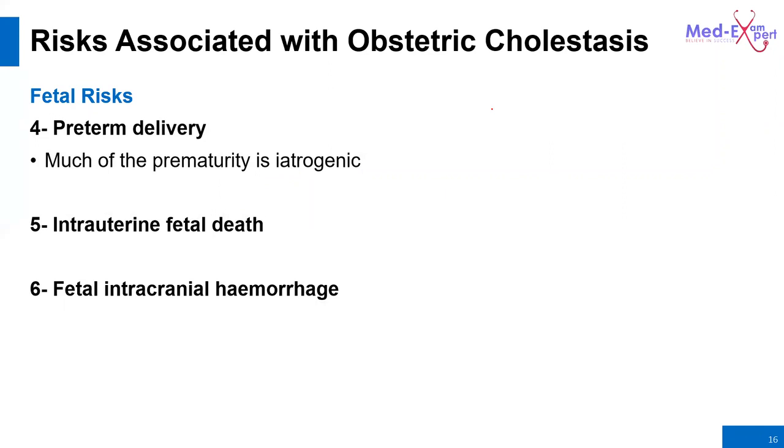Also intrauterine fetal death, sudden intrauterine fetal death, and fetal intracranial hemorrhage due to vitamin K deficiency. So these are all the fetal risks which may be associated with obstetric cholestasis.